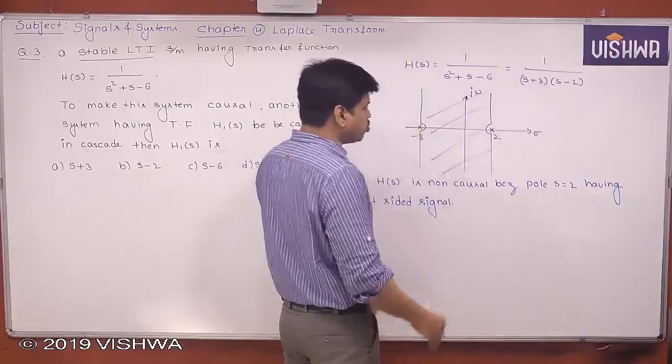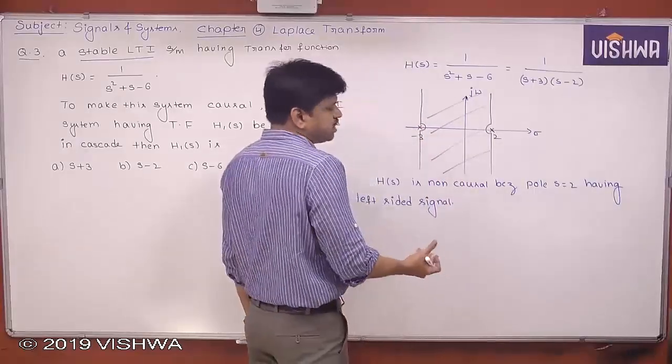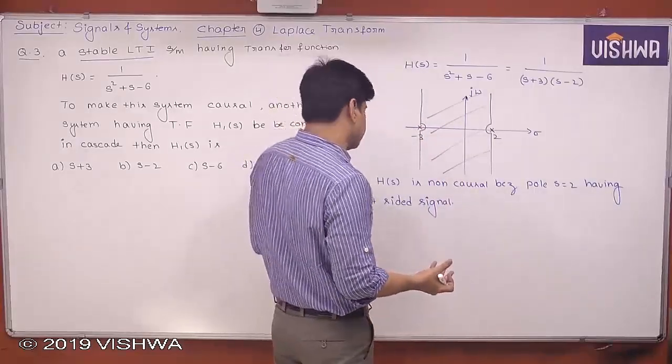So I want to remove this left sided signal, then I can get a causal system. That's as simple as that.